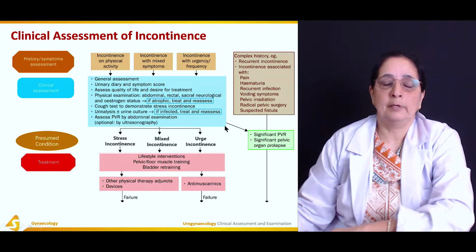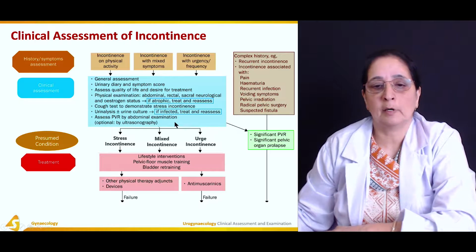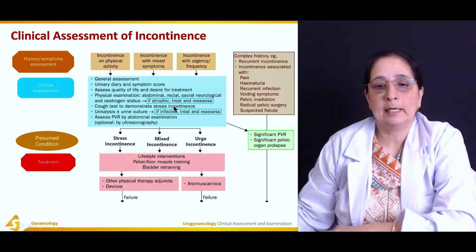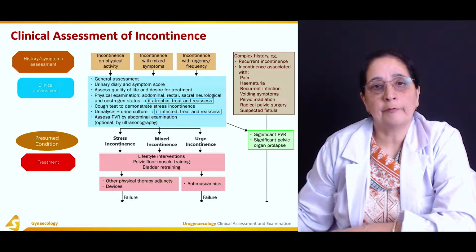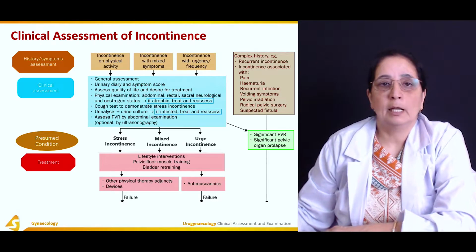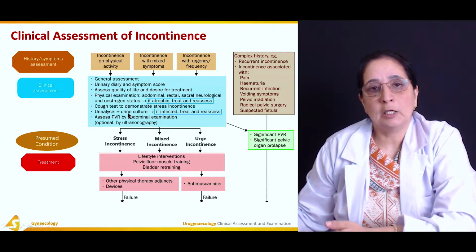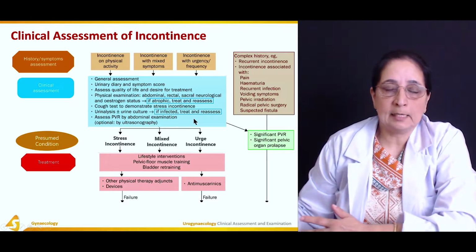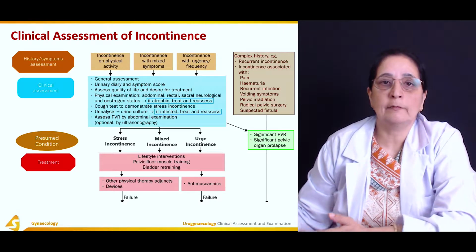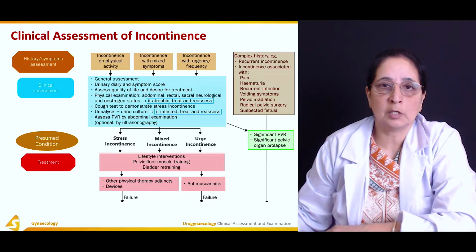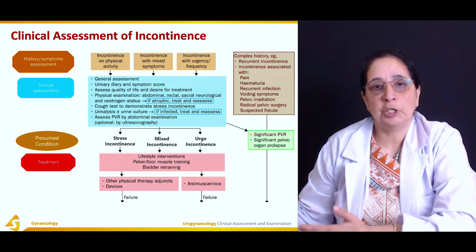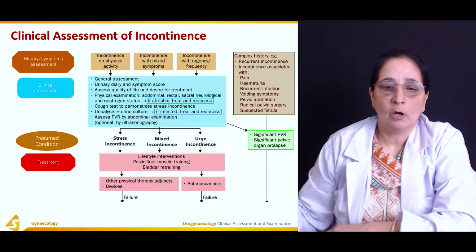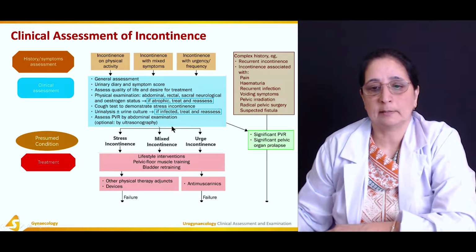If they are postmenopausal, if there are atrophic changes that can lead to stress incontinence, or whether they have incontinence associated with coughing, sneezing, and laughing, if they have incontinence with physical activity, what grade of physical activity leads to incontinence, whether it occurs at rest or with the change of posture, position. All these questions should be asked.